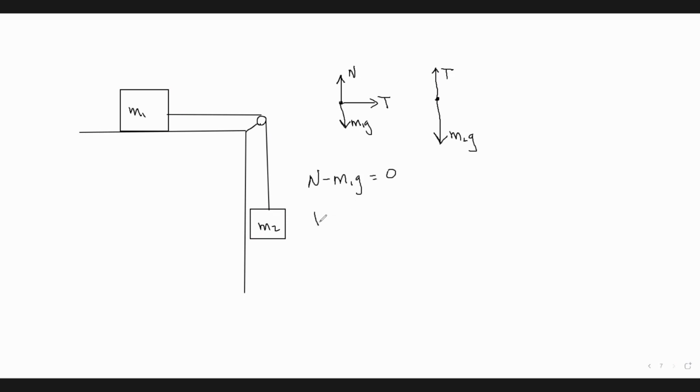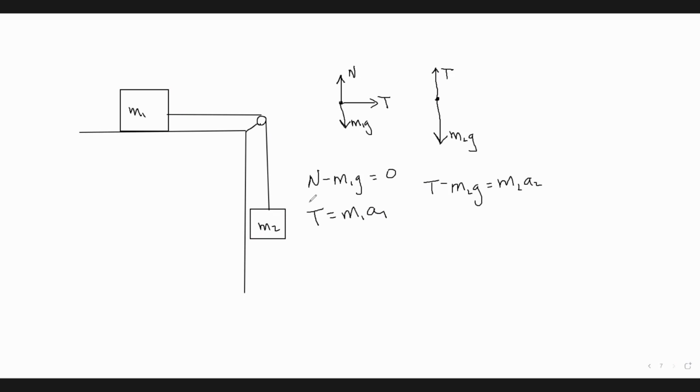I also have the tension T is equal to M1A1. And for mass 2, I have the tension T minus M2G equals M2A2.